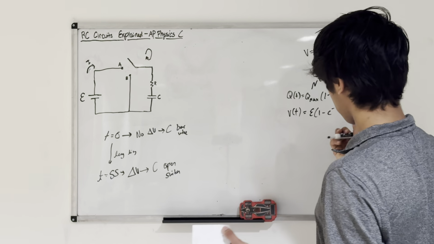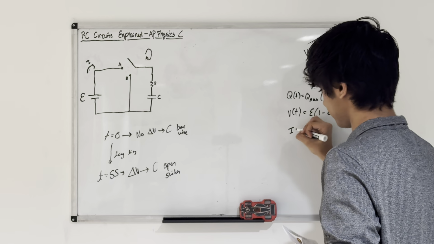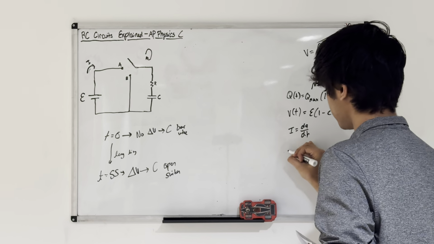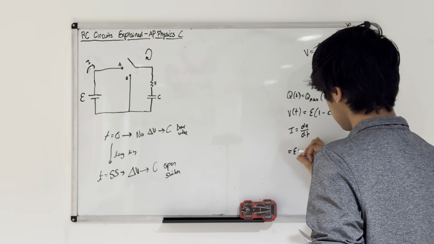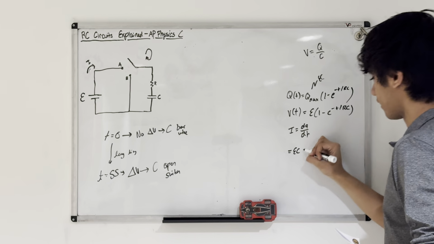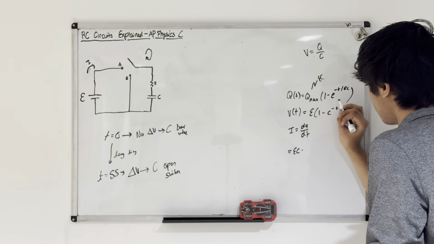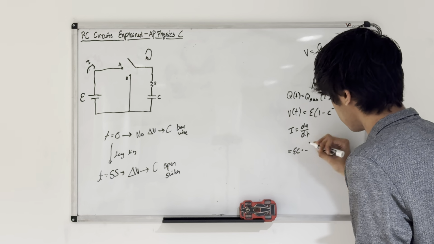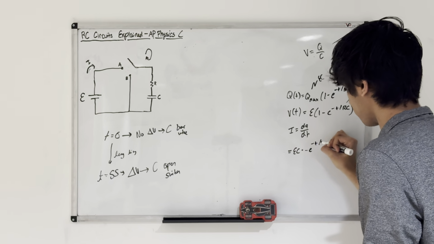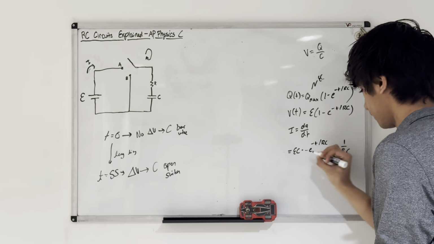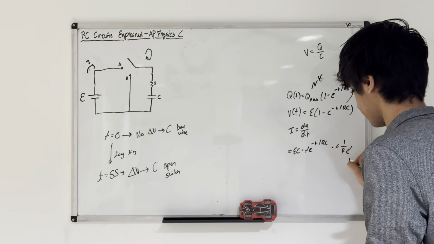And then we can also find our current as a function of time as well, because current is equal to dq/dt. So if we take the derivative, we get EC times, this is just a constant, so that becomes 0, EC times negative e to the power of negative t divided by RC times negative 1 over RC. Negatives cancel out, C's cancel out.